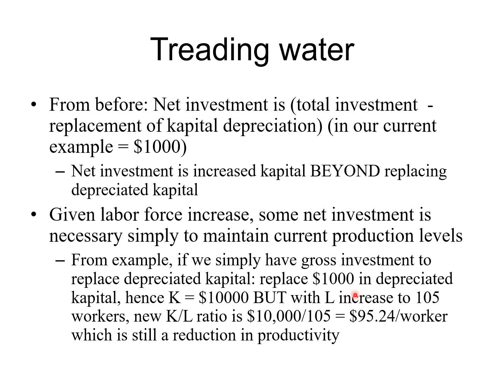Why? Because of the labor force increase. We now have 105 workers, a 5% increase. And so our capital of $10,000, which includes our $1,000 gross investment to replace the depreciated capital, is now divided among 105 workers instead of 100 workers. So we have $95.24 per worker. So again, we have an inward shift of the PPC, like we had before.